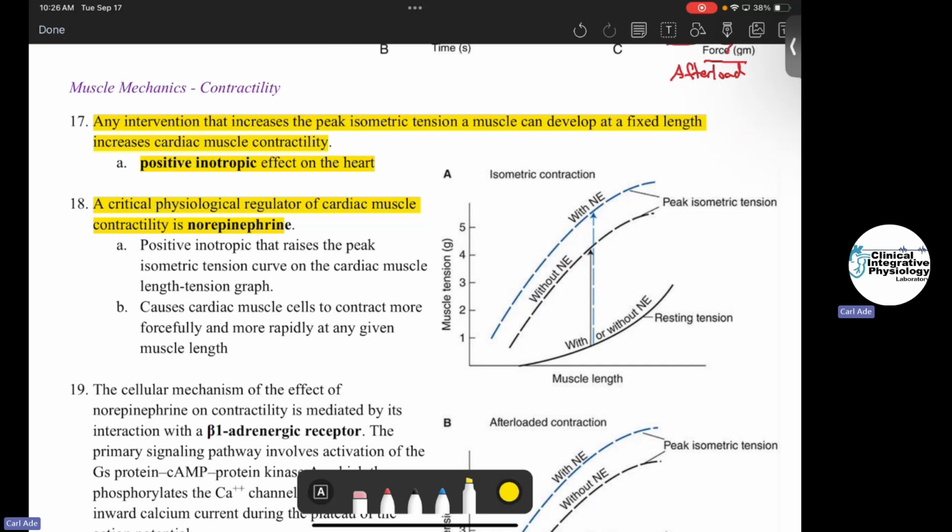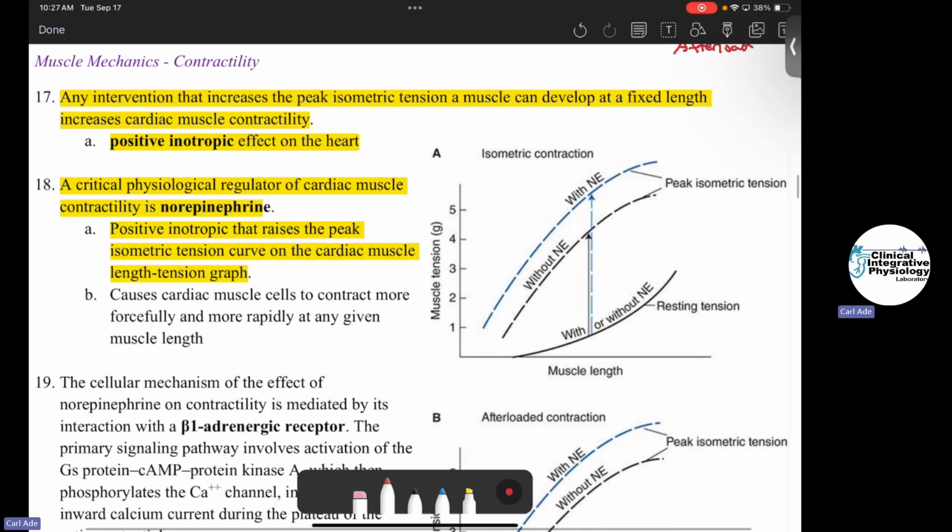And Dr. Mush probably said that you get an increase in contractility with sympathetic nerve firing. And this is how it does that. So we get this norepinephrine, and what that does is it increases the peak isometric tension curve.